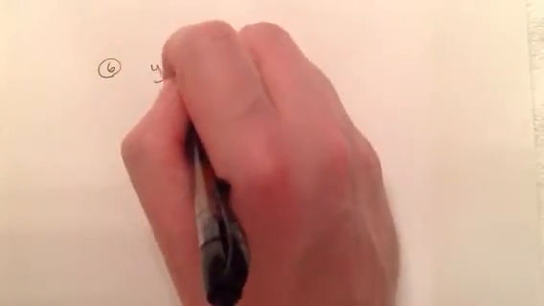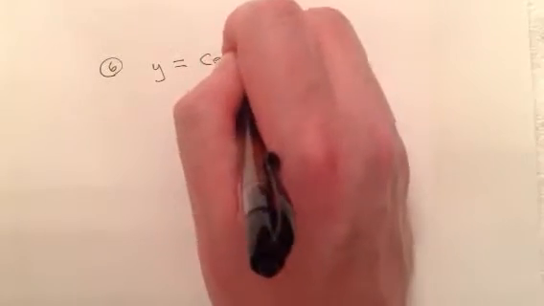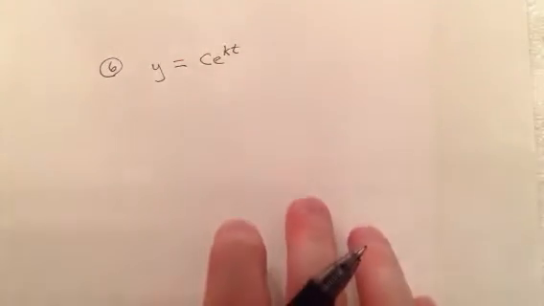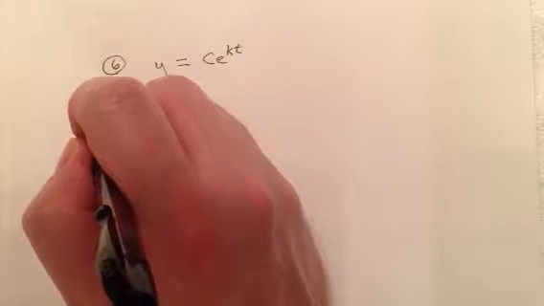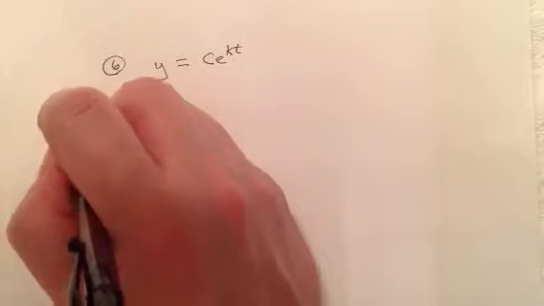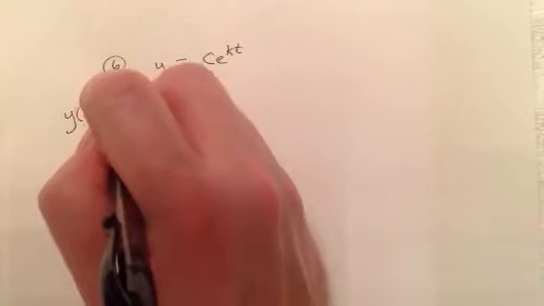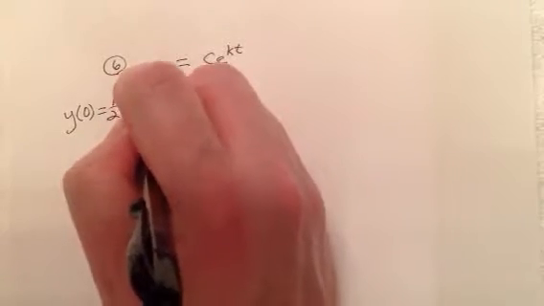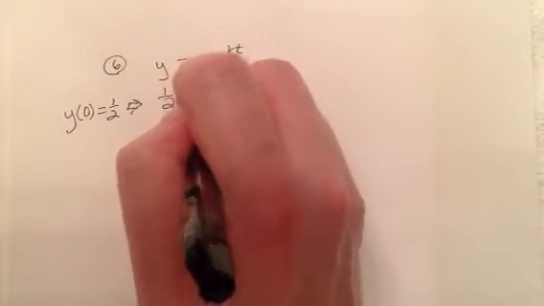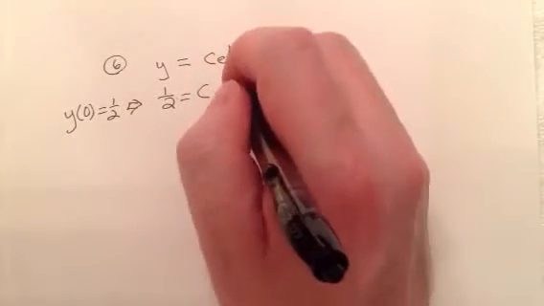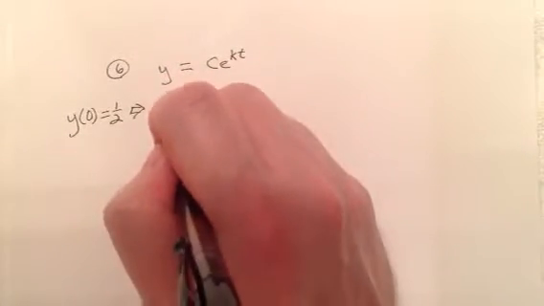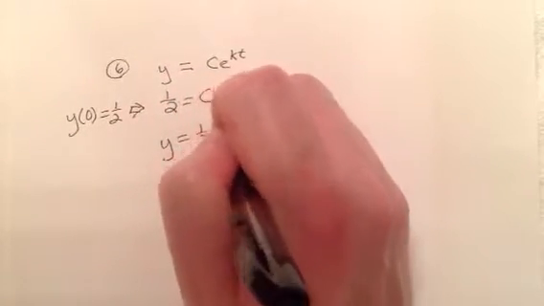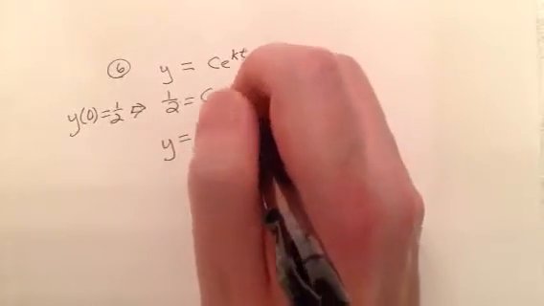The form is y equals c times e to the kt, and for the initial point, at time 0, y is equal to 1/2. Carrying over, 1/2 equals c times e to the 0. E to the 0 is 1, so c is equal to 1/2, and y equals 1/2 times e to the kt.